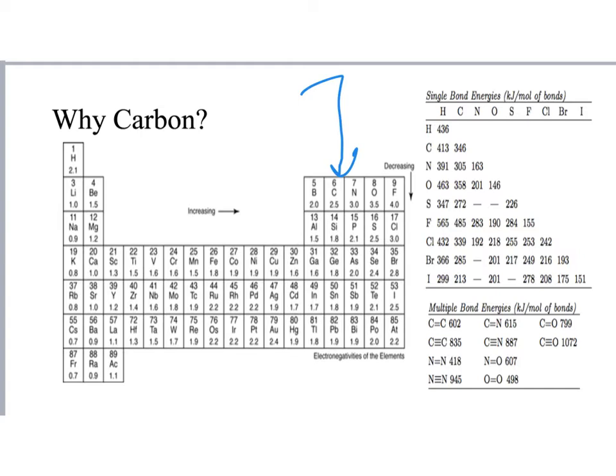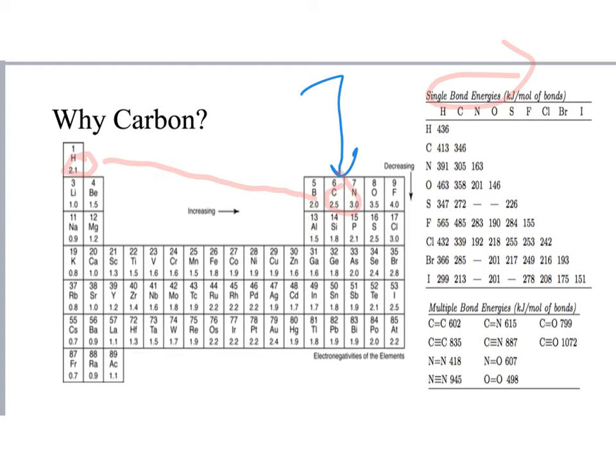And also when we come to consider carbon and hydrogen, you can see the values for carbon and hydrogen are very similar as well, 2.1 and 2.5. So again, those carbon-hydrogen bonds have very little polarity and are very strongly covalent. You can also see when we look at bond enthalpies on the right-hand side here, that the carbon-carbon bonds are strong as well. So a carbon-carbon bond has a bond strength of 346 kilojoules per mole.